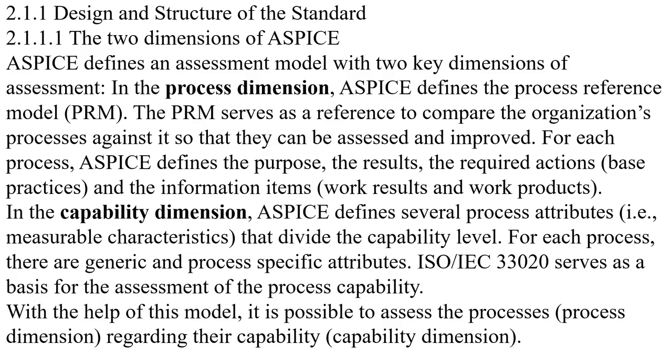The process reference model serves as a reference to compare the organization's processes against, so that they can be assessed and improved. For each process, A SPICE defines the purpose, the results, the required actions, best practices, and the information items, work results, and work products.